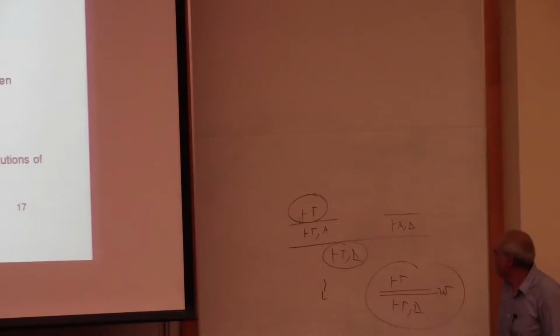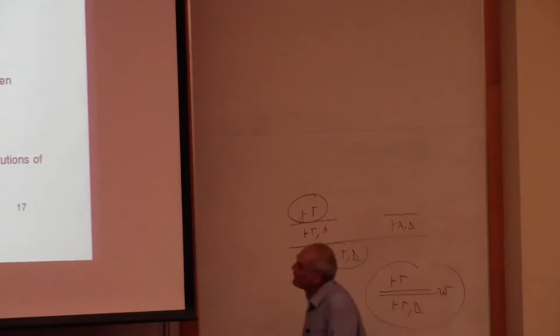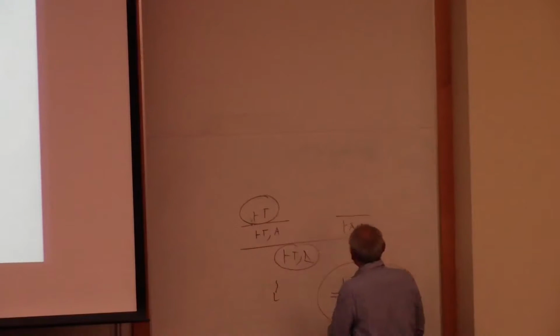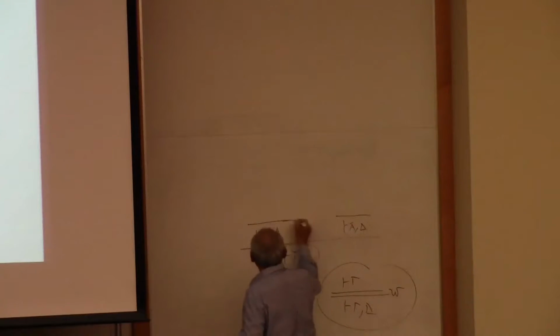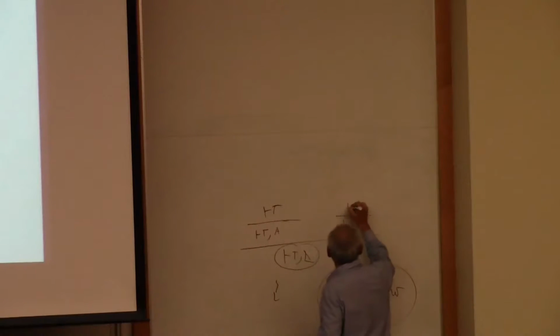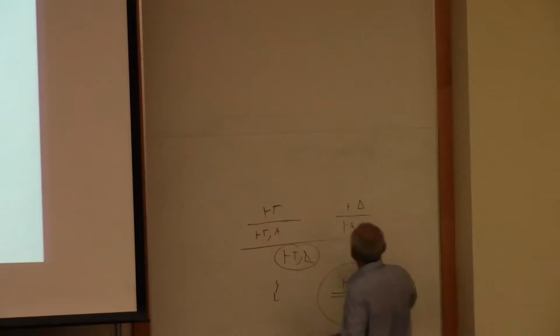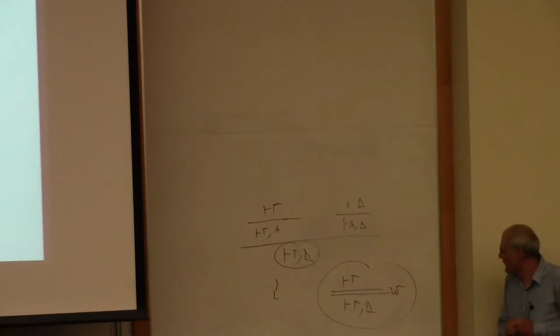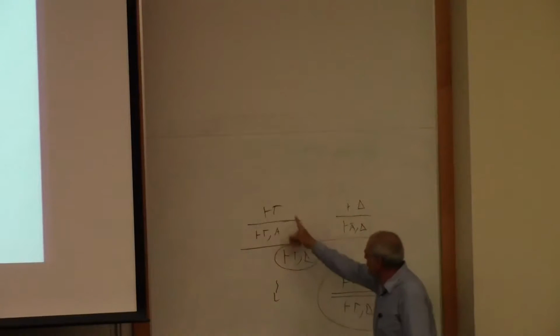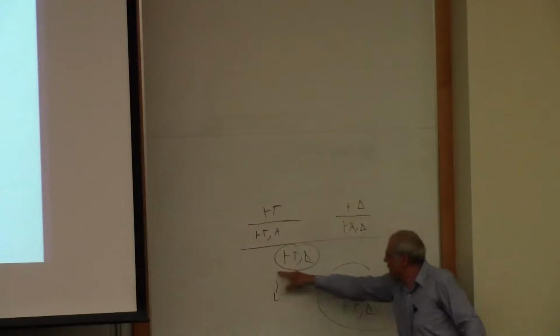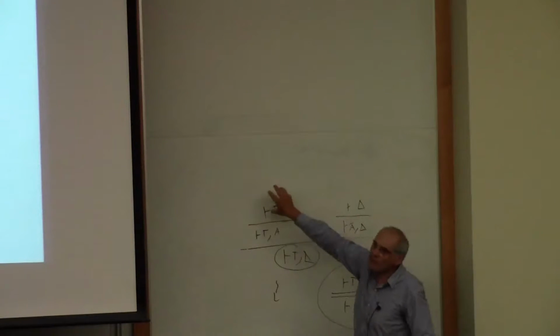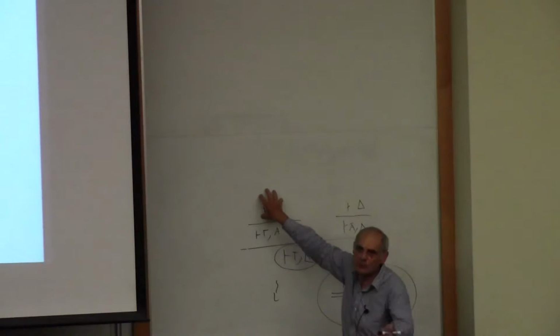Okay? But now remember that control can go on two sides, and here we also have the same problem. Suppose that on both sides this has been a weakening. Then essentially what is written here is that the result of eliminating this cut is this proof here with some weakening.